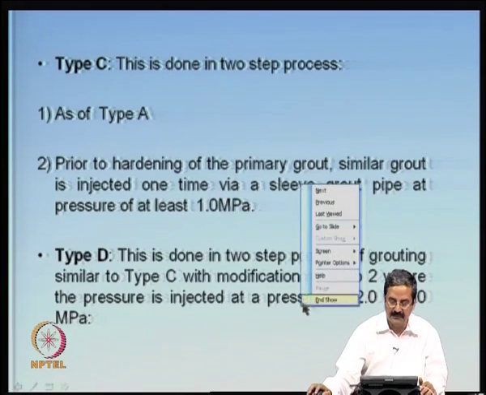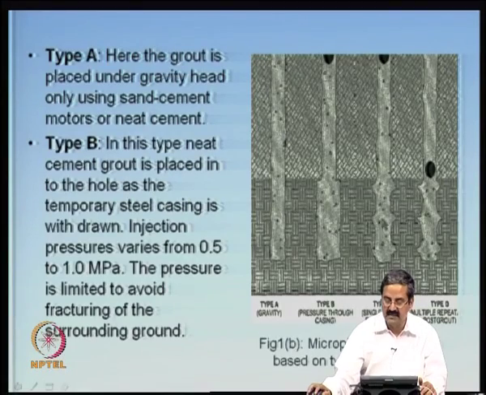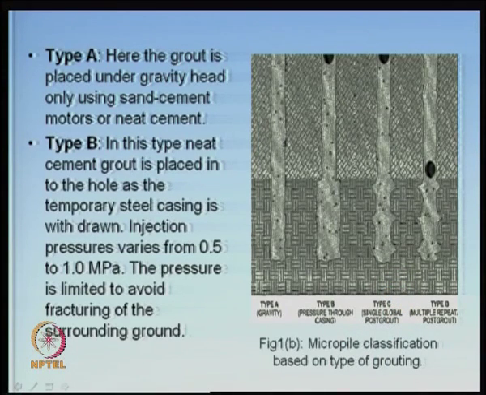So a little higher pressure is used. This is called type C, single global post grout, and type D, multiple repeated post grout. Essentially, you are trying to create a structure where the bond resistance comes into the picture.